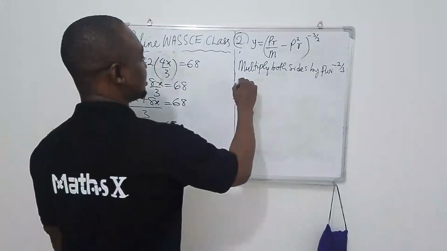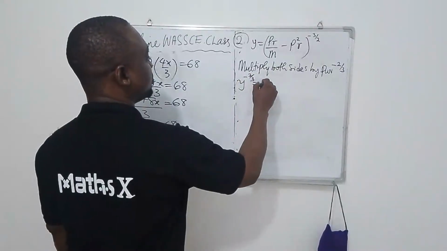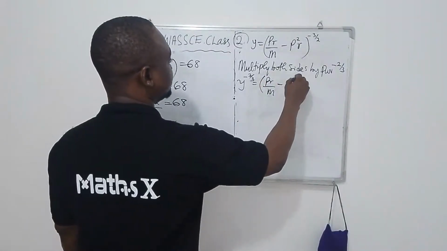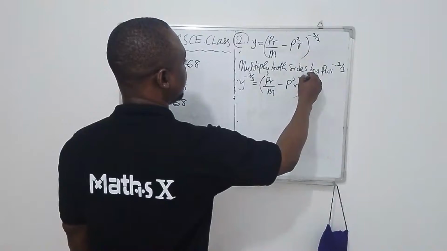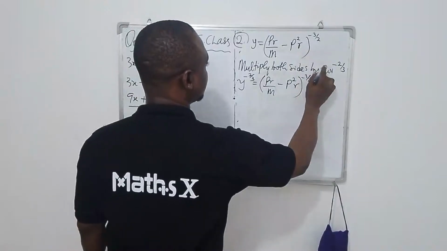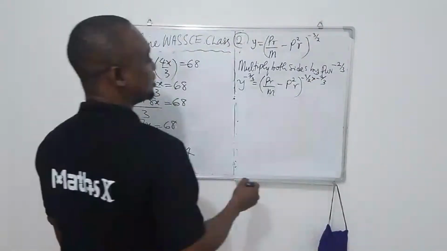What this means is that y to power minus 2 over 3 will be equal to PR over M minus P square R close to power minus 2 over 3 times minus 2 over 3.